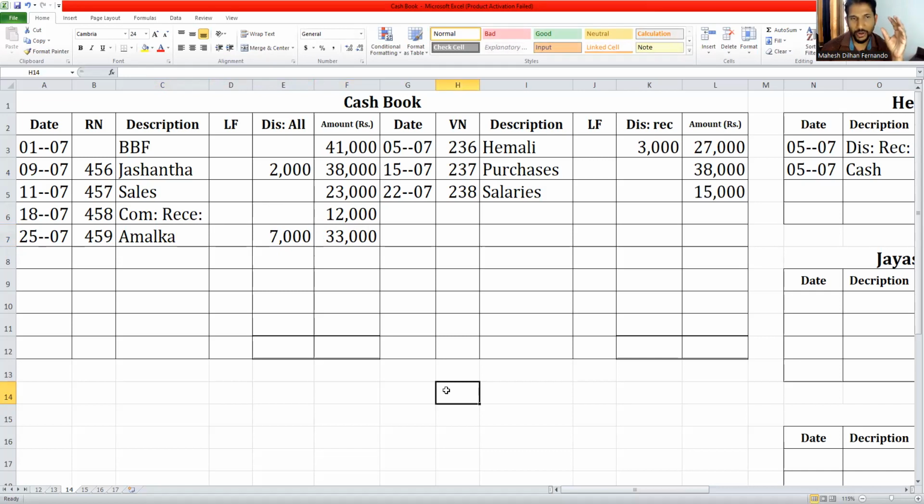What is the value of Amalka's account that has been collected? Anyone in the class?